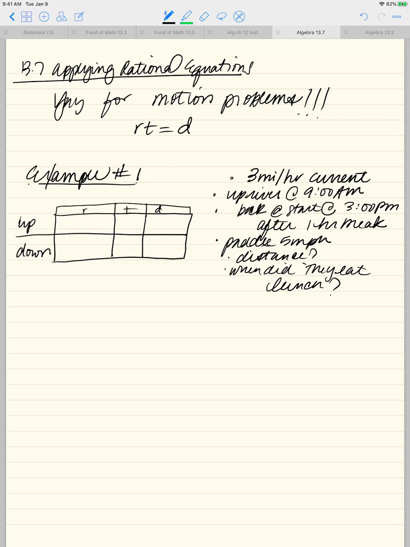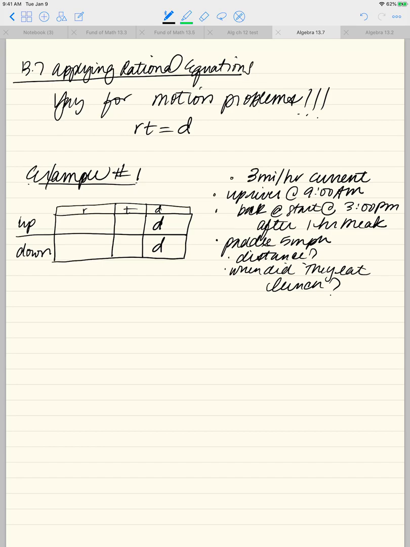So D is going to be the distance that they traveled up and down the river, okay? Because they traveled up and then they came back. So the distance that they went one way is going to be equal to the distance that they went the other way. So our distance in this case is just D. Now, we know there's a 3-mile-an-hour current.